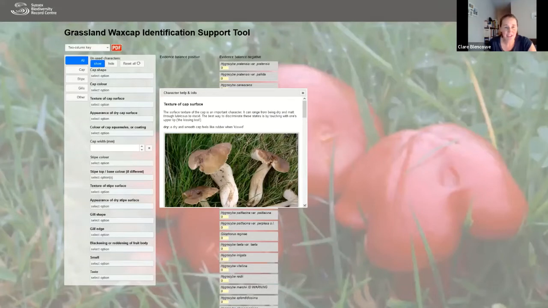And this is the result. So you've got all the different characters on the left there that I've included in the knowledge base. And if you click on one of those character headings, then you get a window like this with a bit of extra explanation of what those characters mean and how to interpret them.